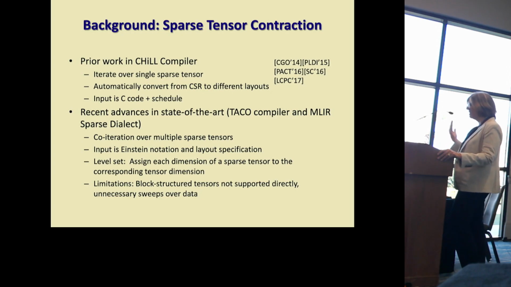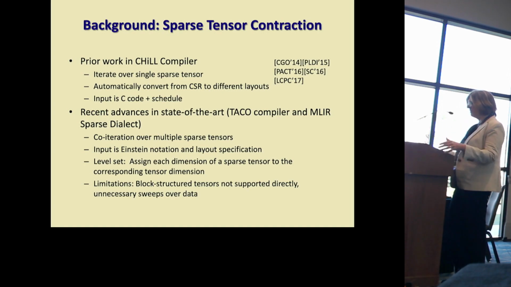And we were focused on iterating over a single sparse tensor and doing things like SpMV and being able to show that you could use code transformations to generate both format conversion and high performance implementations of that. So the input is C code and a schedule, and the output is high performance code.